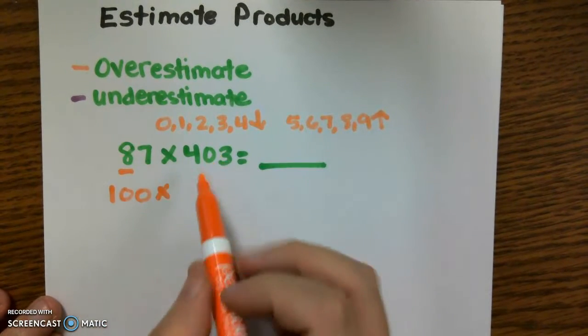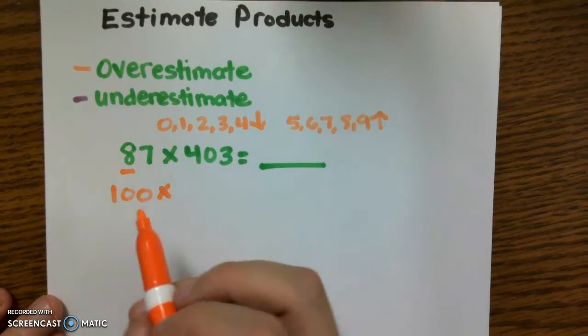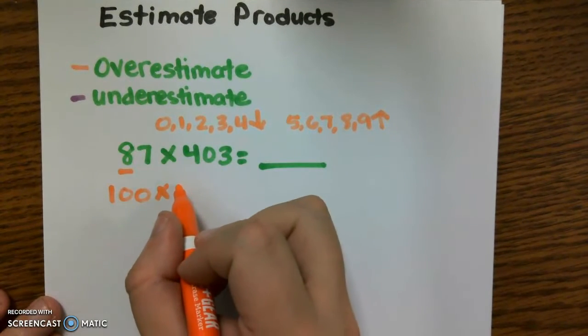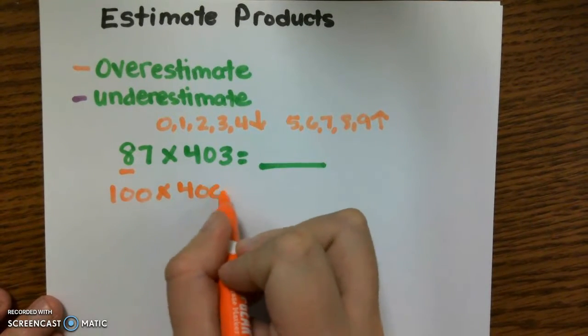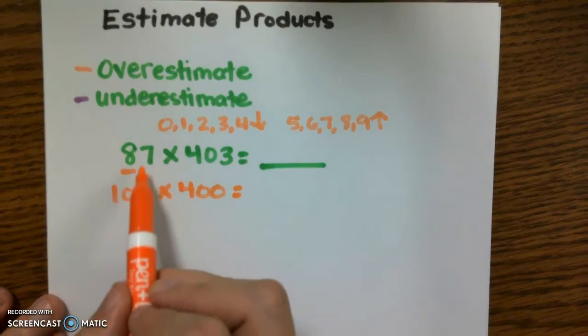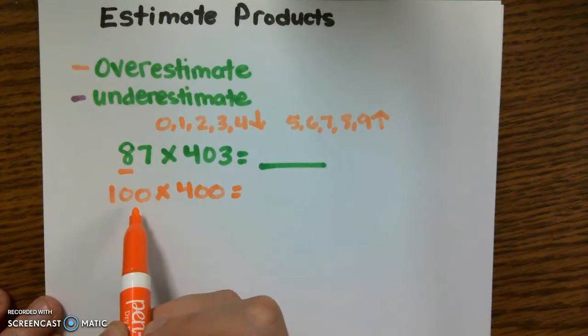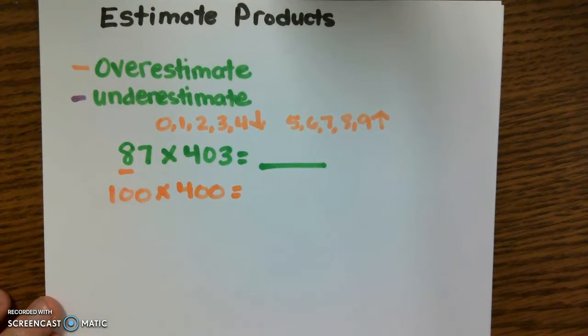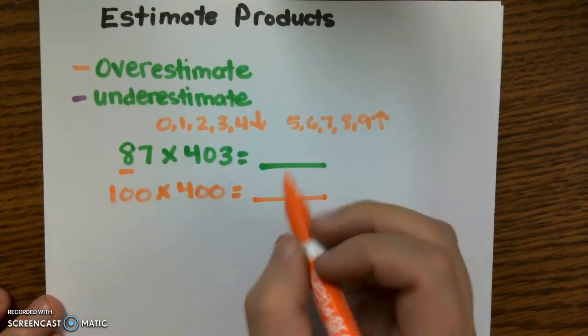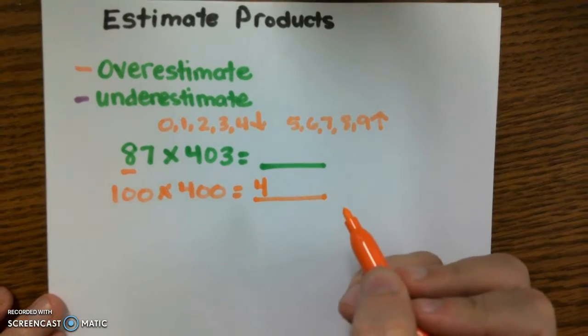So I'm changing 87 to 100. And then I'm going to multiply 403. I'm just going to leave that one the same. Well, not the same, but I'm going to say it's close to 400. So I'm technically rounding down here. Okay, but I'm still doing an overestimate because I changed 87 to 100, and 100 is greater than 87. So if I multiplied these two estimates, 1 times 4 is 4, right?